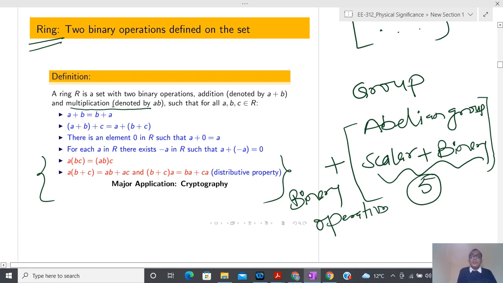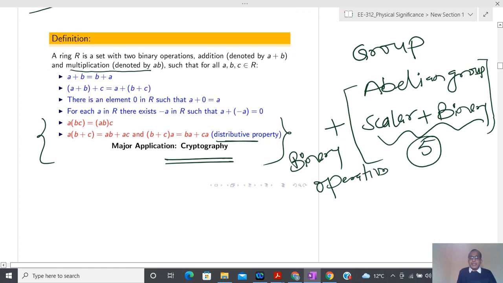But if you take real numbers or complex numbers, then the same kind of thing comes into the picture. After that this property should be satisfied, and in cryptography, I have already given some kind of hint, people are using this concept too much.